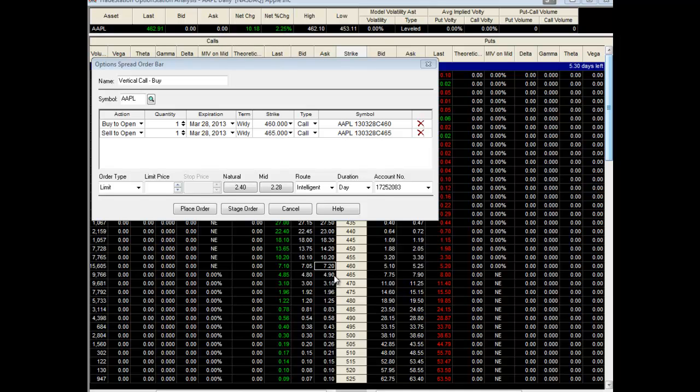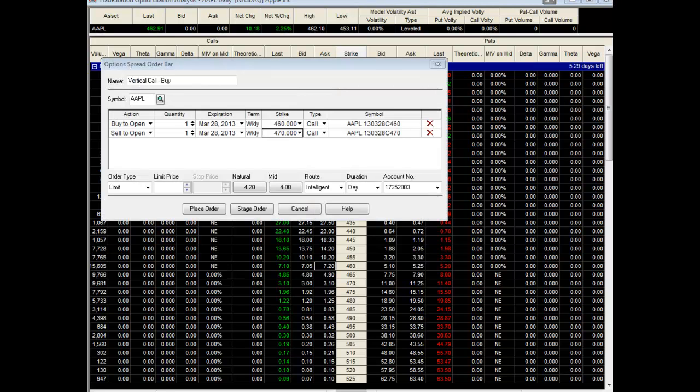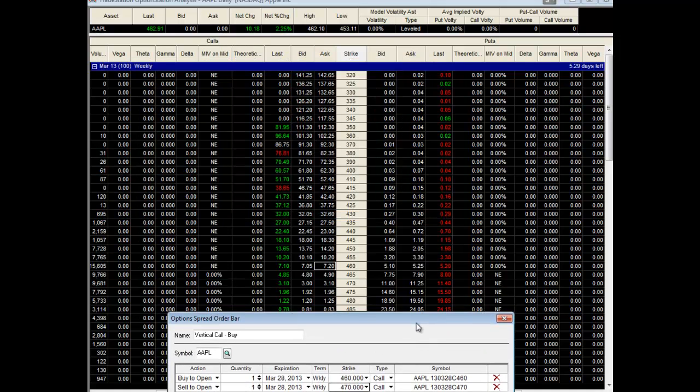The other one would be to buy a wider spread. The other one is to buy maybe the 460, sell the 470, so that's a $10 spread. And you could get into that. Let's see where that is. Now here's the other possibility: you buy a 460, sell a 470 spread. So you're going to be long the 460 calls expiring in a week on Friday, this coming Friday.